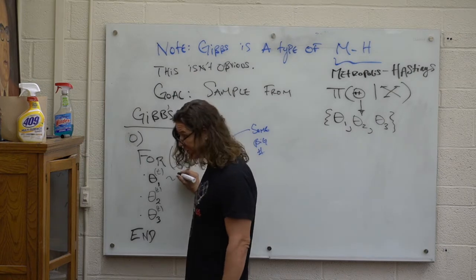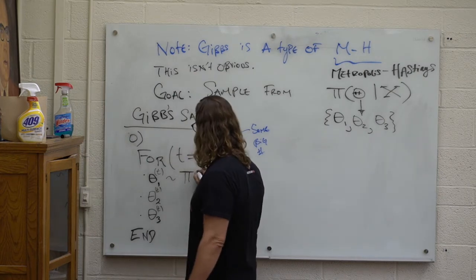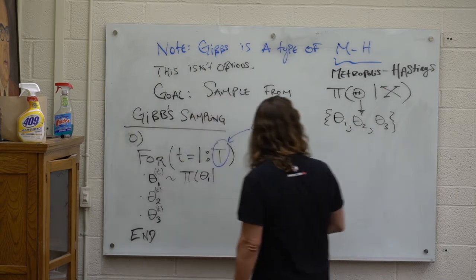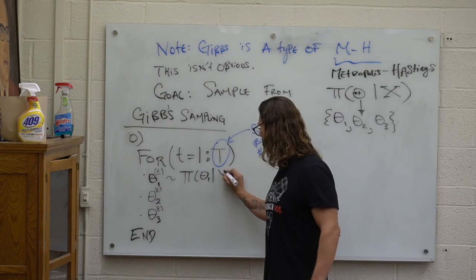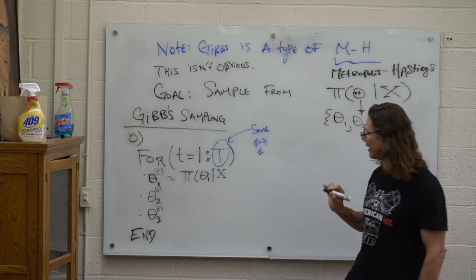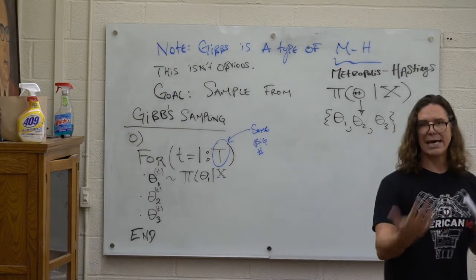So there are generalizations to this, but I'm just going to write this down like this. Pi theta 1, this is going to be given my data, so everything's conditional on my data as a Bayesian, so I'm just using this as notation. So x is always going to be fixed in there. Everything is conditional on data.